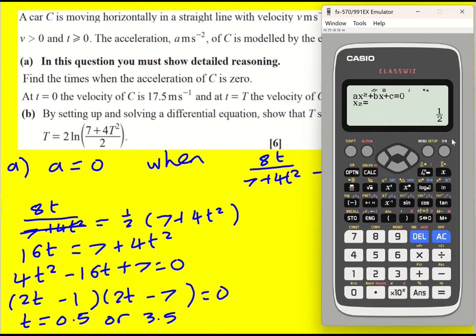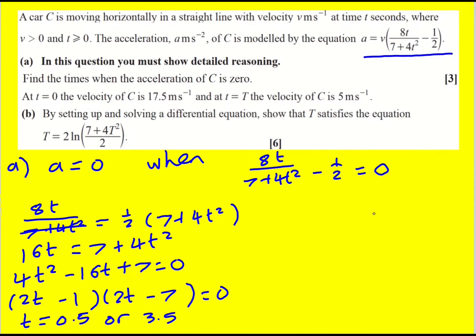We get 7 over 2 and a half, and then you have to reverse engineer it. So we've got t minus a half and t minus 7 over 2 when you're factorizing. But we know we need a 4 there, so we're going to times this by 2, which will give you the same root, and this by 2. So that's how you can do it if you're struggling.